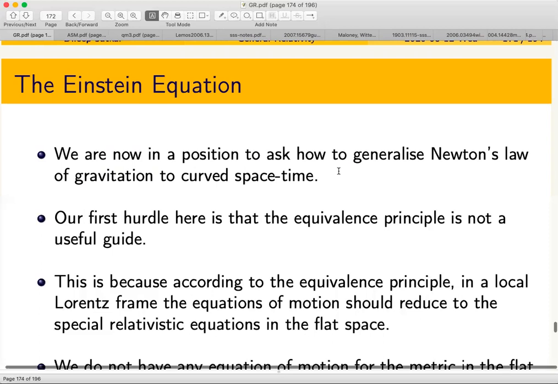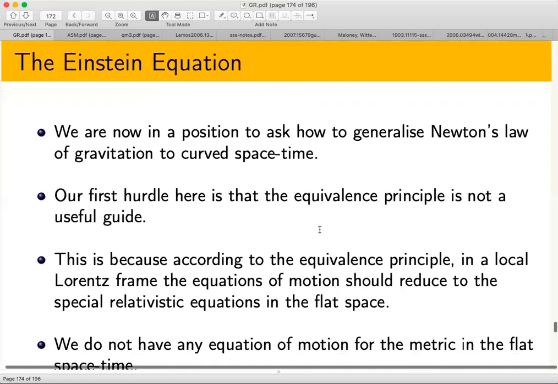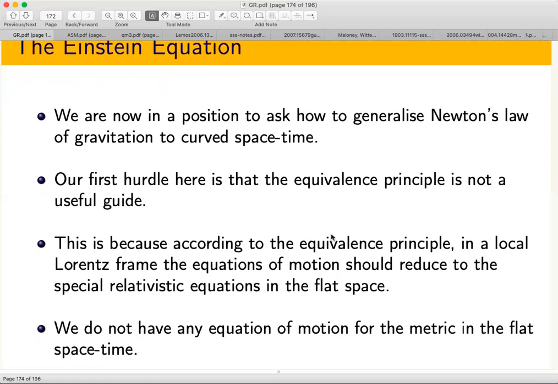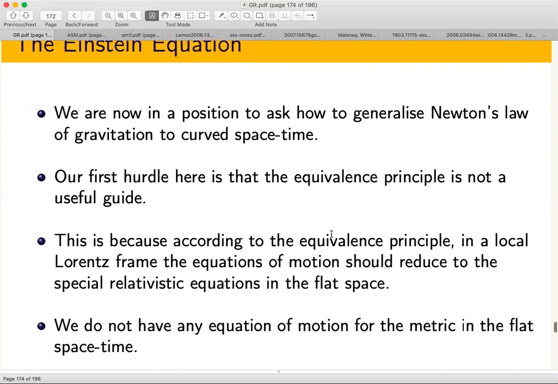The first problem is that the equivalence principle doesn't help us in this case, because it tells you that in a local Lorentz frame your equations of motion just reduce to special relativistic form, and then you wouldn't know how to write down Newton's law. Special relativistic equations tacitly assume that there is no gravity, so Newton's law of gravitation was not part of the special relativistic description.